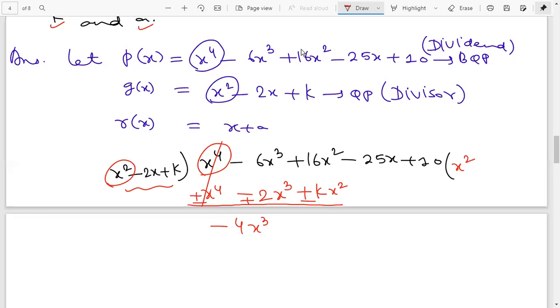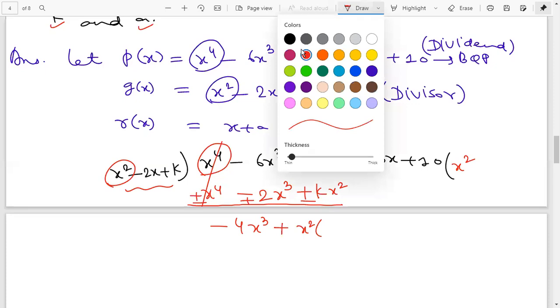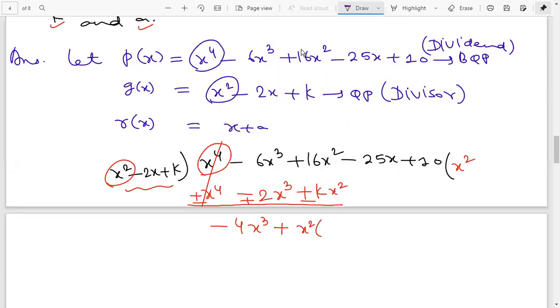Here now we have to write carefully, because we have x square, so we can take x square common. After taking x square common, we have 16 and not k, minus k. We write 16 minus k, very important, because x square coefficient is here 16, here it is minus k.